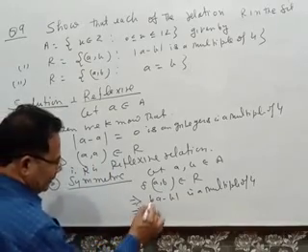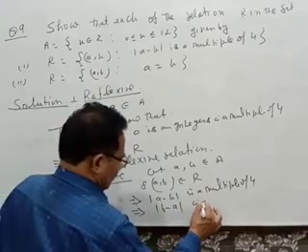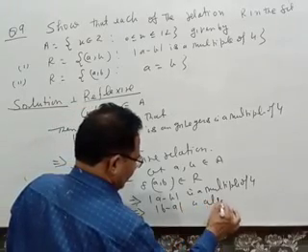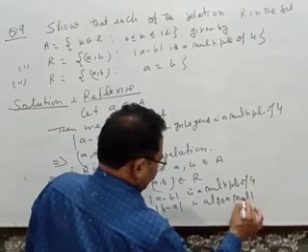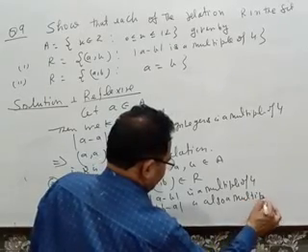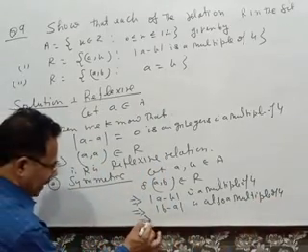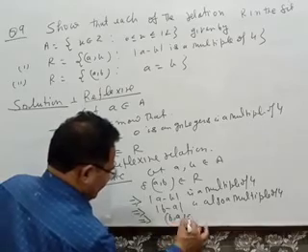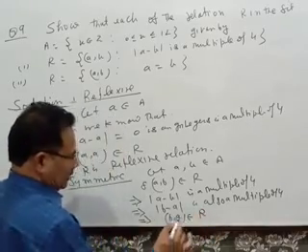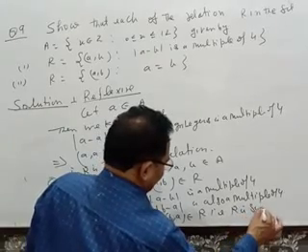This implies that mod of b minus a is also a multiple of 4. That is, this implies that the ordered pair (b, a) belong to R. That is, R is symmetric relation.